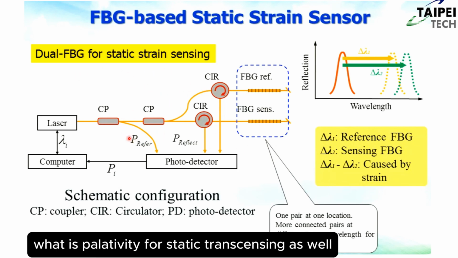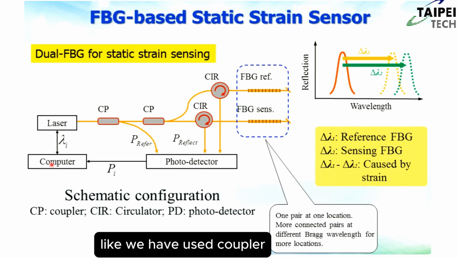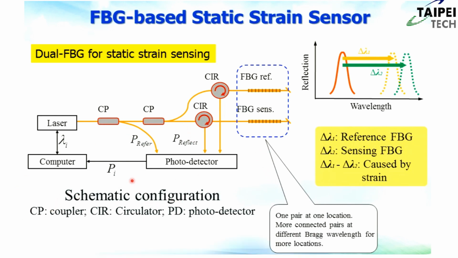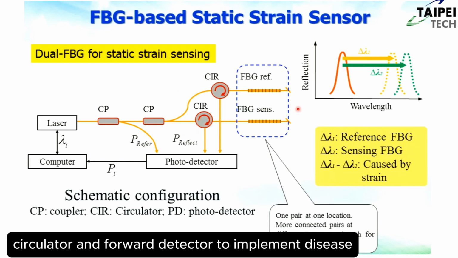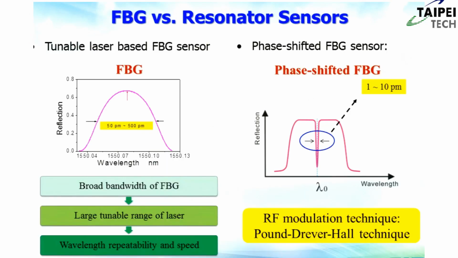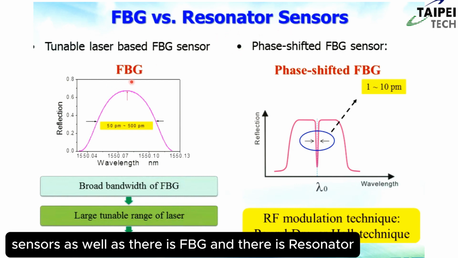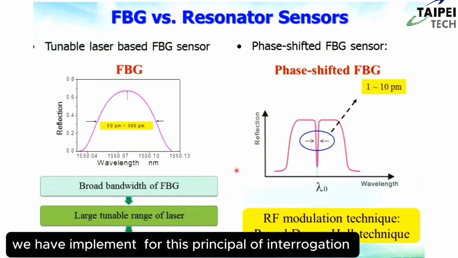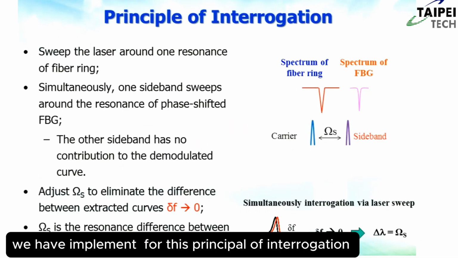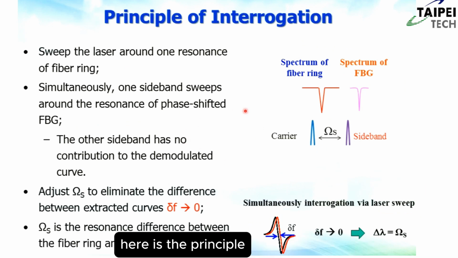As we have observed, this is the FBG static strain sensor. We have used a coupler, circulator, and photodetector to implement this. Here is the FBG versus resonator sensors. There is an FBG and a resonator, and we implement the principle of integration.